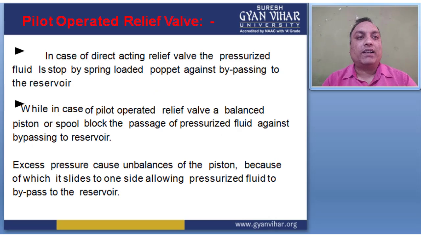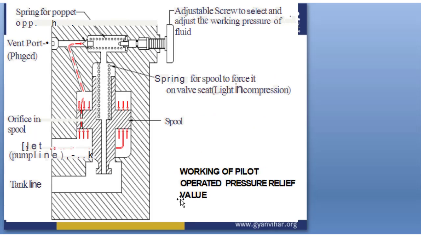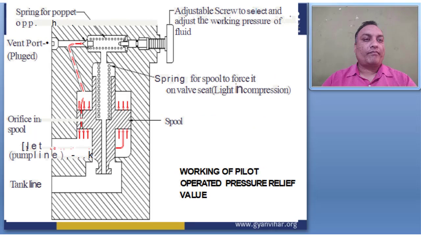Here is the pilot operated relief valve. This is the figure of the pilot operated pressure relief valve. Here this is the inlet side. From the inlet side, it pushes the high pressure, and this fluid goes to this line.